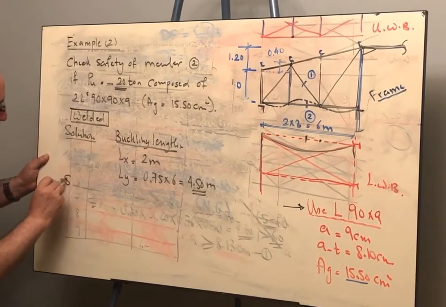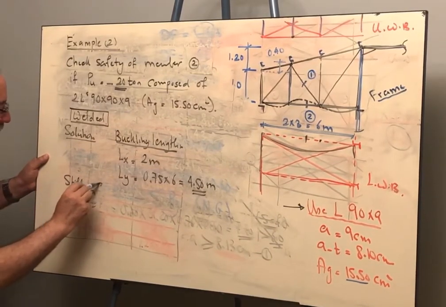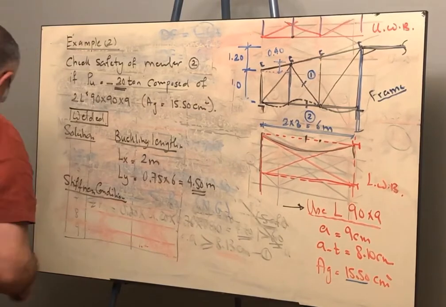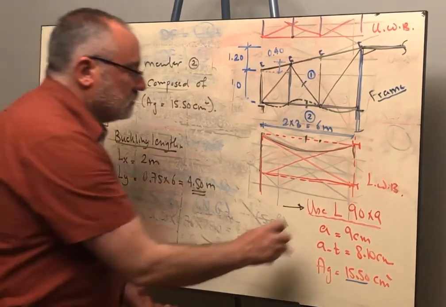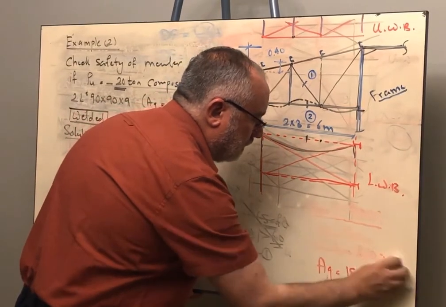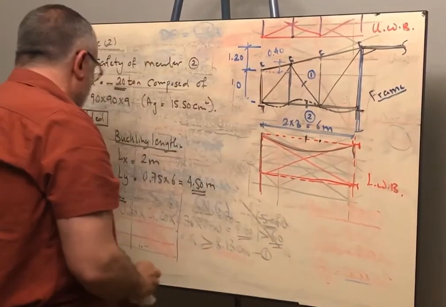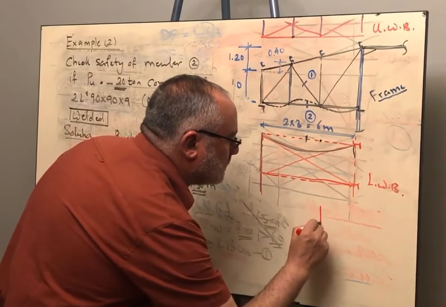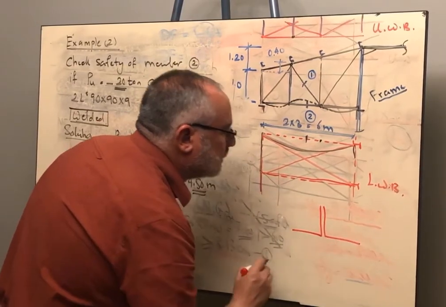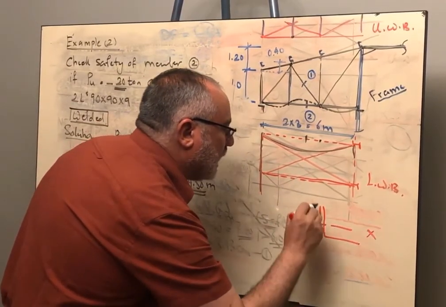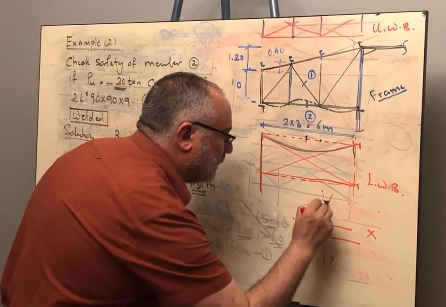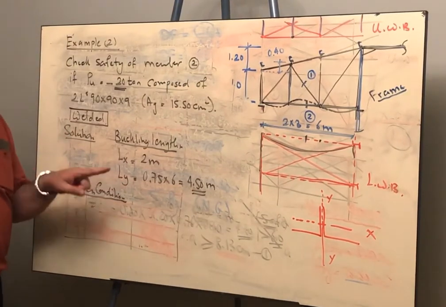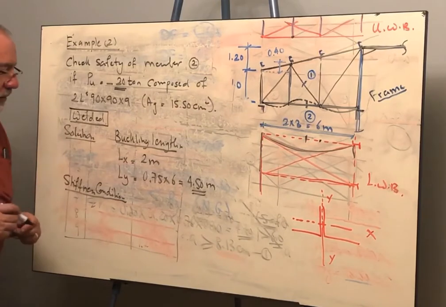Now for the stiffness condition, take care. For this member, it is composed of two angles back to back, 90 by 9. We got the buckling about the X and the buckling about the Y. When we check the stiffness condition, we have to divide Lx by ix and Ly by iy.